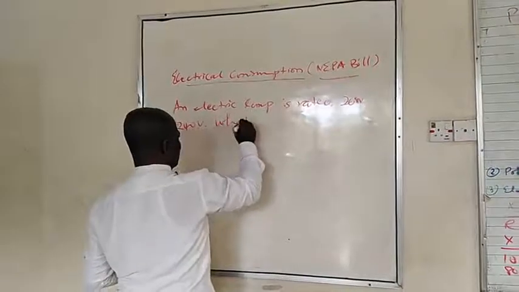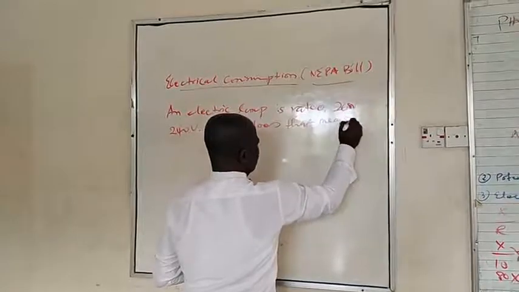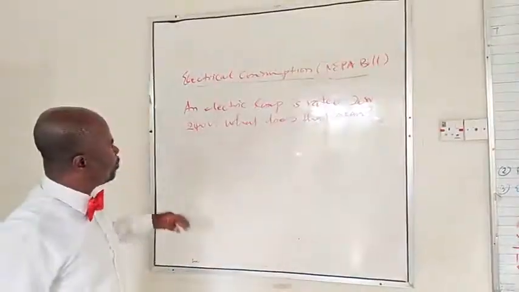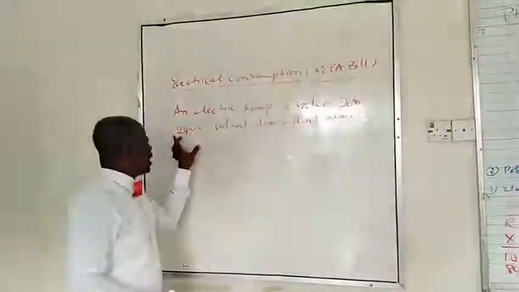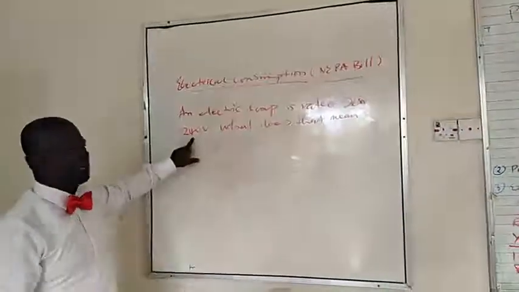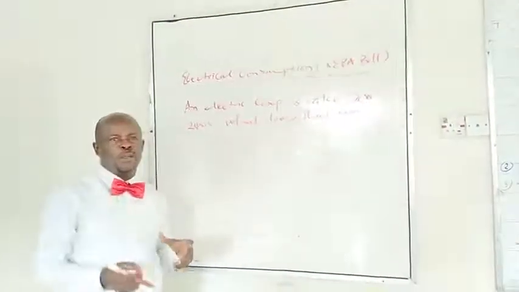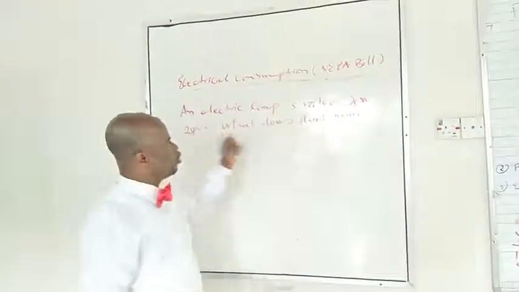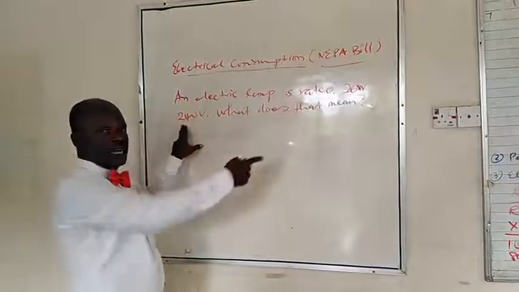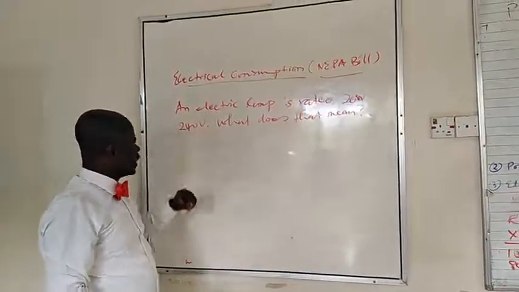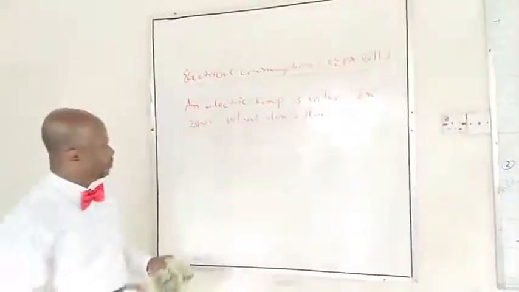What does that mean? It means that the power consumed by the lamp is 20 watts, whereas the voltage on the mains is 240 volts. That's what it means. Every electrical appliance you pick up, the power is rated there. Now, the question is, how much current does this electric lamp consume?